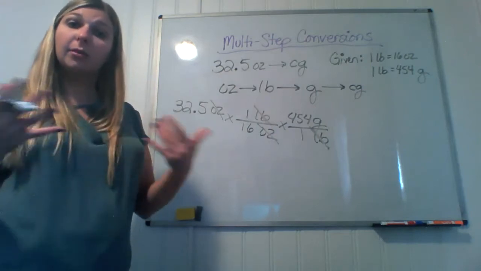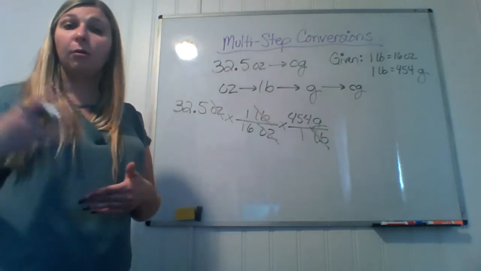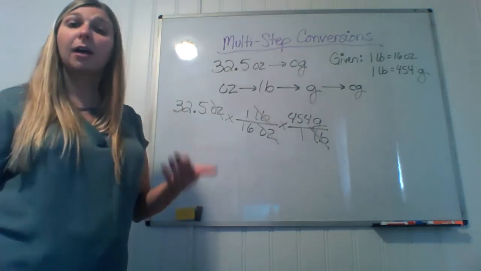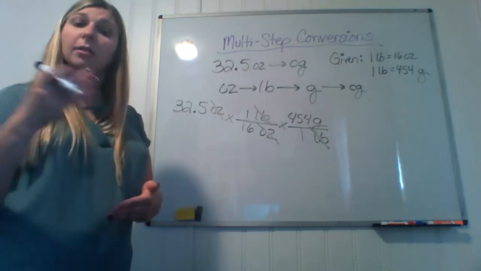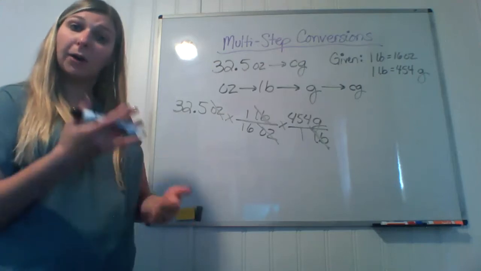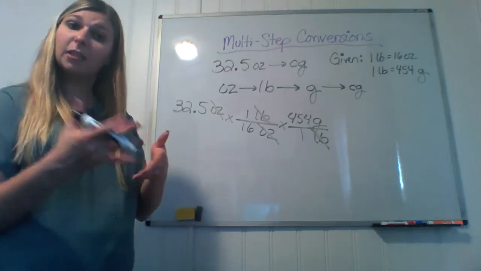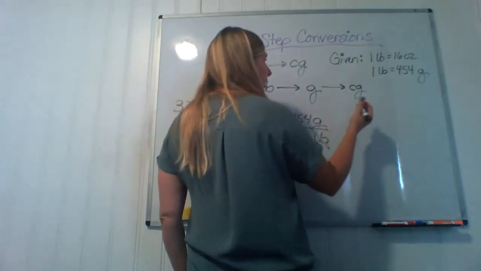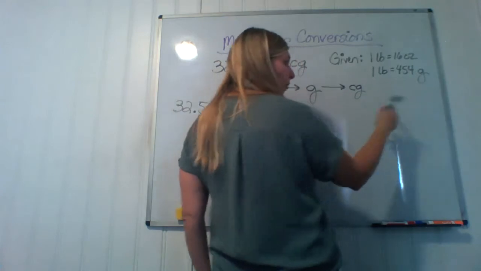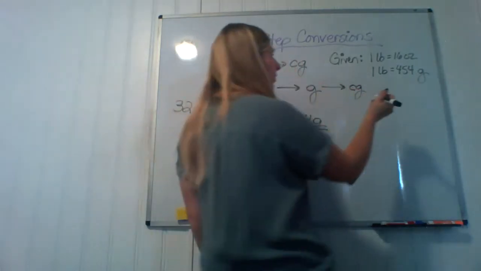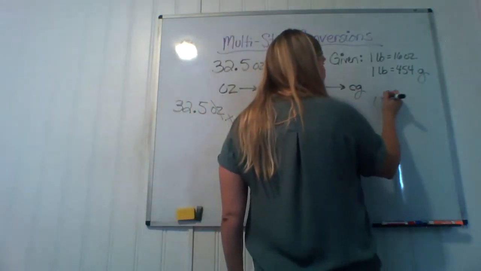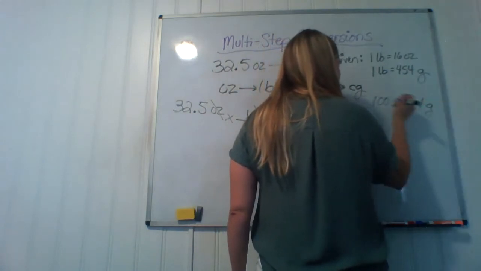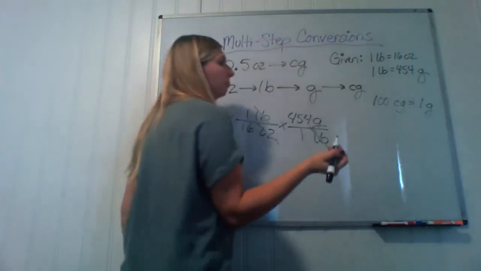So anytime that you hear centi, think about century. How many years are in a century? There's 100 years in a century. So that will help you to remember the prefix for centi. So now, with that information, you can write that down on the side for yourself to remember: 100 centigrams equals 1 gram. Okay.